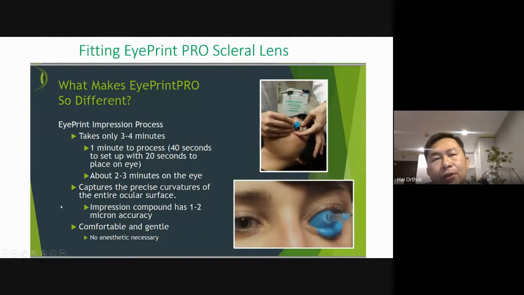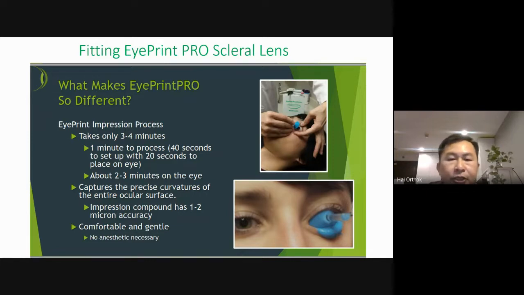Then the scleral lens with iBring is another level of scleral lens, where we are able to make a template of our own eye and duplicate the morphology of the eye without the need of other information.